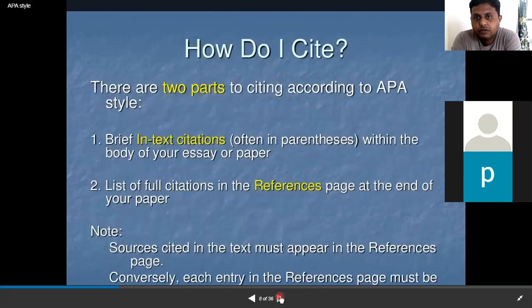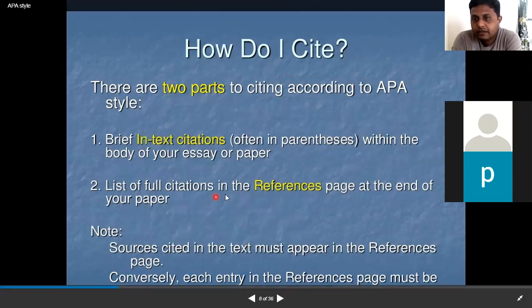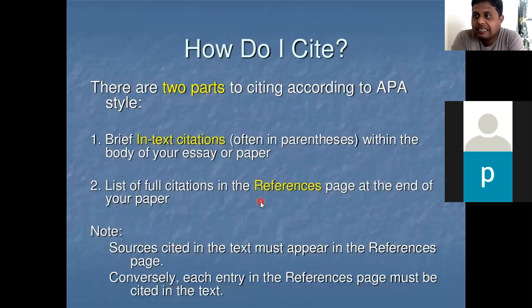We went through this also. How should I cite? What happens in the case of APA style? As you know that a reference page is there. In the case of MLA, a works cited page is there at the end. But in the case of APA, this word cited is not used.